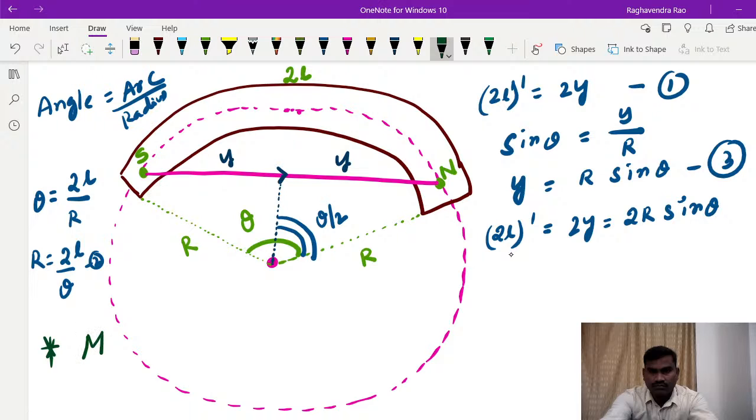Magnetic moment m dash is equal to 2l dash into m. What is 2l dash? It is nothing but 2r sin theta.